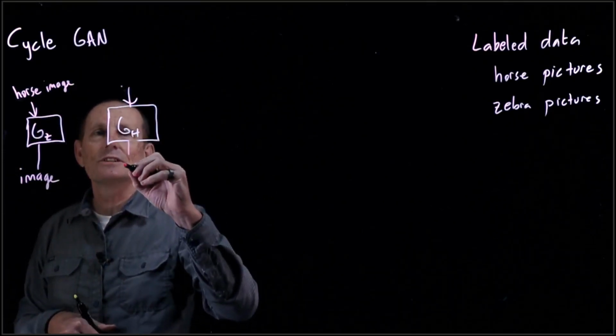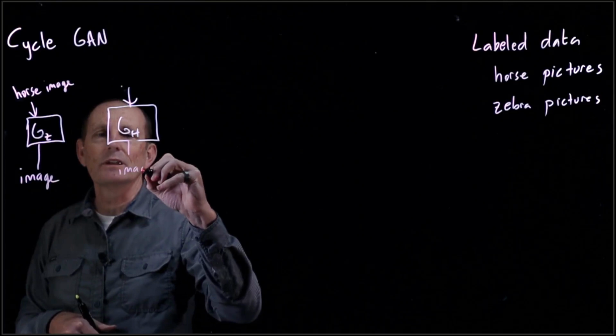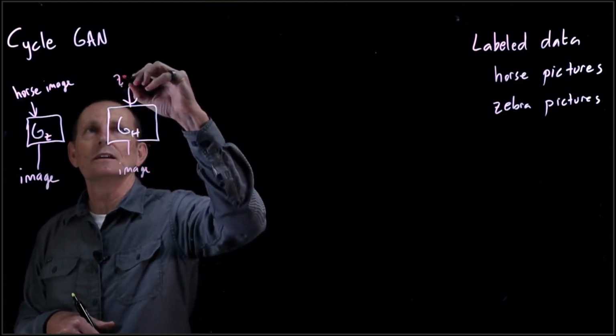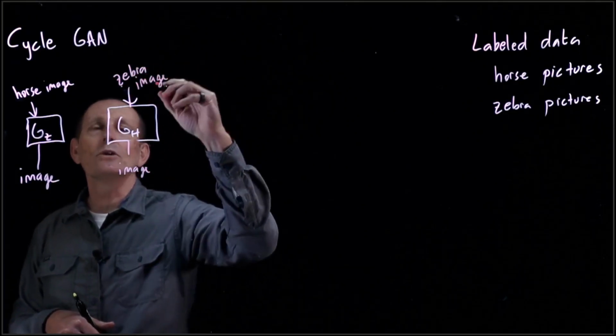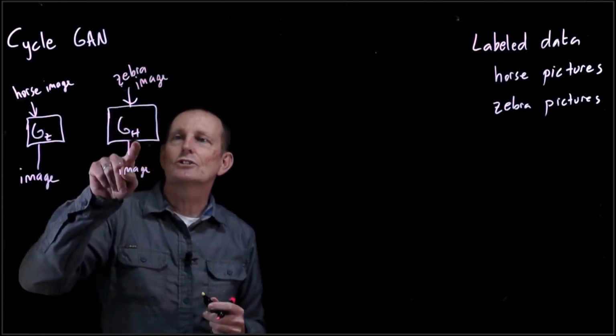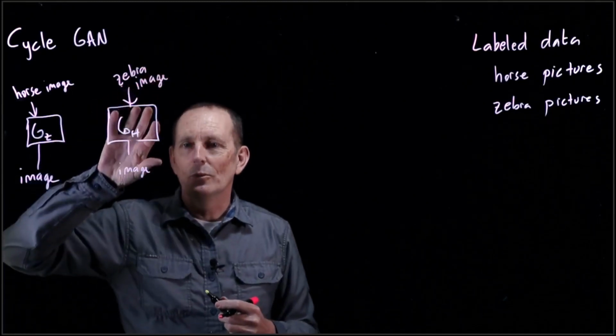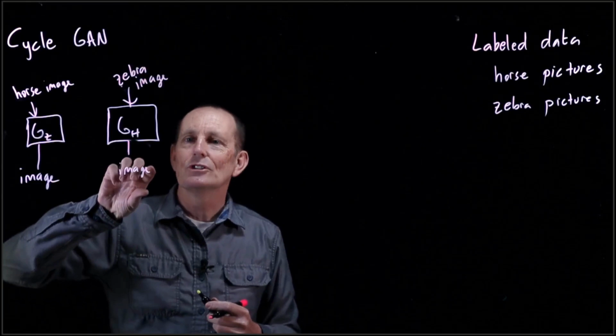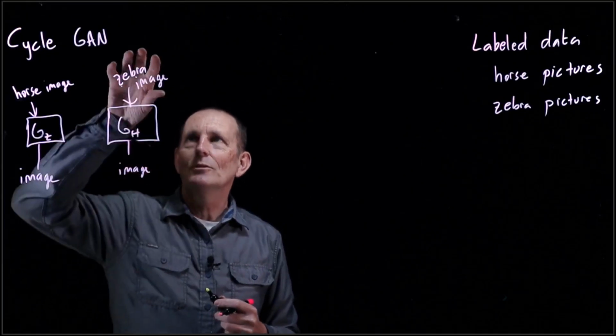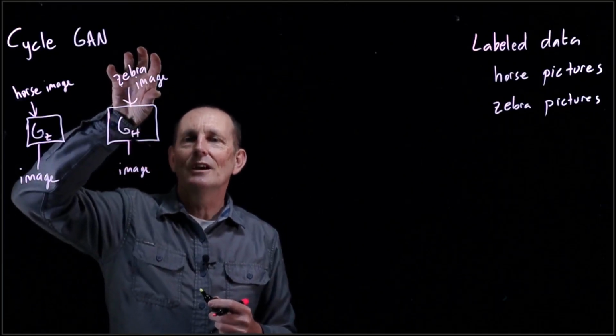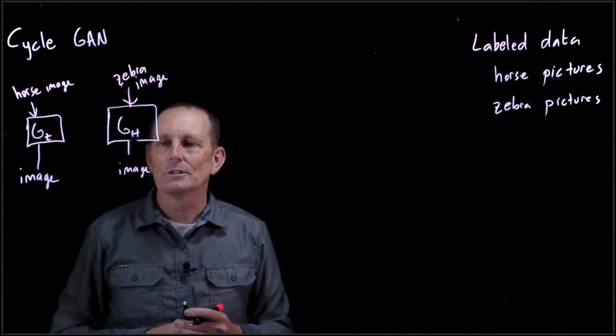Similarly, the horse generator is going to take in a zebra image, and our goal is to train it so that the image it outputs is a horse image, which is basically this image with the zebra replaced with a horse.